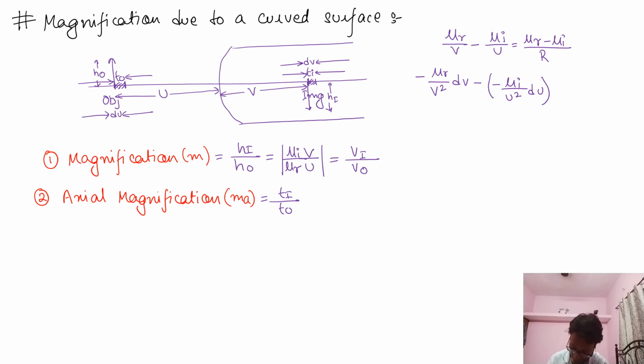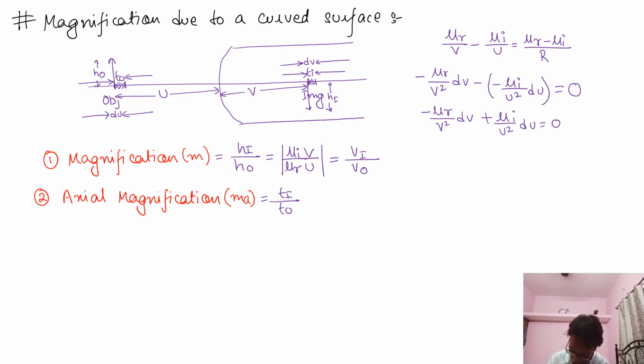Okay, this is equal to, this entire term mu r minus mu i by r is a constant, so differentiation of any constant is equal to 0, so we get equal to 0. If we solve this one, minus mu r by v square dv plus mu i by u square du is equal to 0.